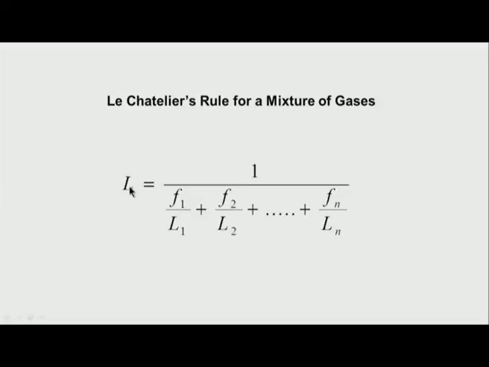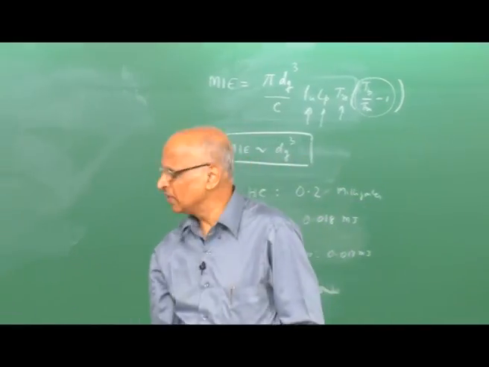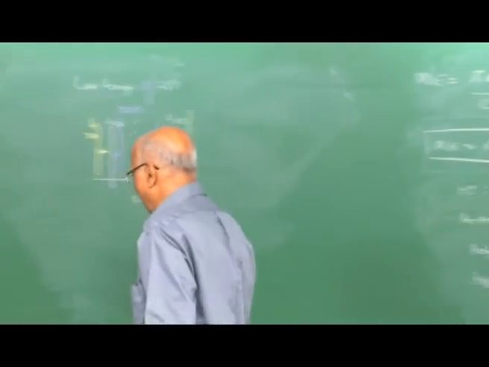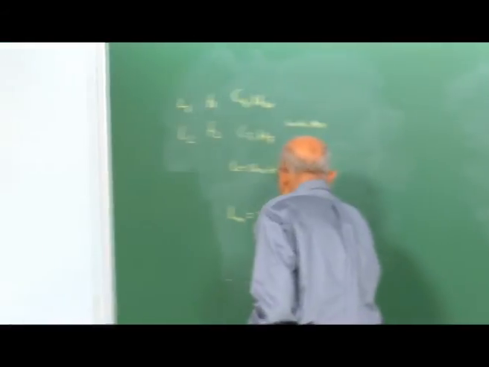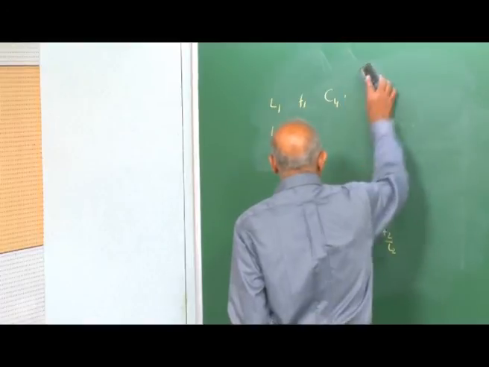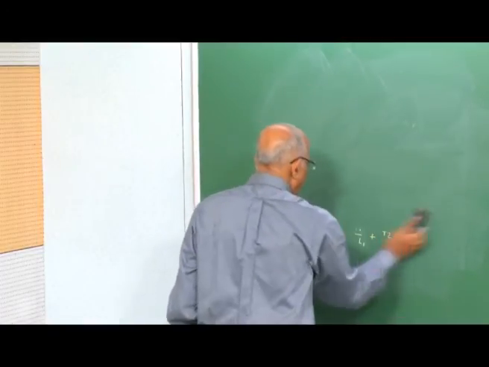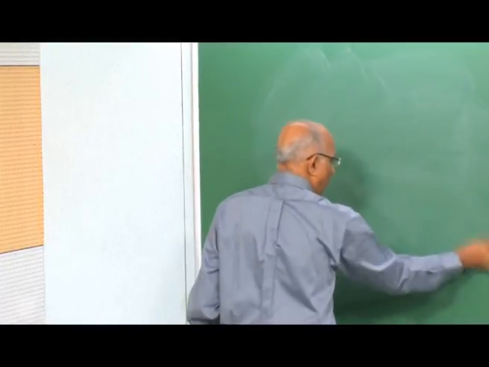The limit for the mixture is given by Le Chatelier's rule, which is L equal to 1 over F1 by L1 plus F2 by L2 and so on up to Fn by Ln. And this is how we calculate the flammability limits, and using the flammability limits, I can solve problems for the conditions under which a particular gas can explode or will not explode.